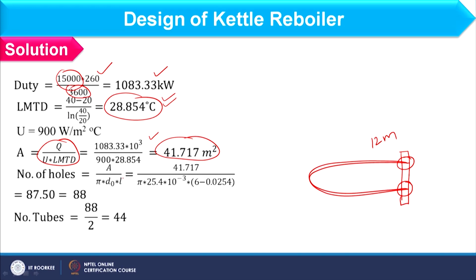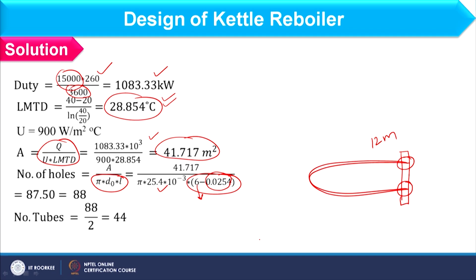Okay. So, let us see. Now, as far as the area of a single tube is concerned, that should be pi d naught L effective. Okay. So, d naught is given to us as 1 inch or 25.4 mm, and this is nothing but the effective length, where I have considered half of the length, and this is basically the tube sheet thickness.